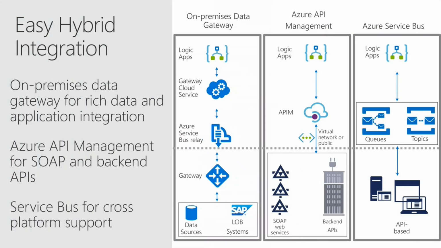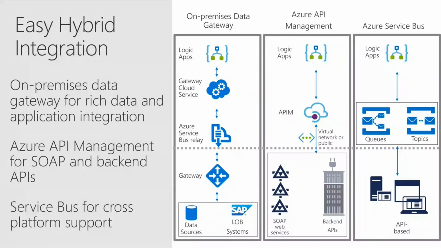So again, hybrid integration: on-prem data gateway, so if you want to do on-premises stuff, and then the whole Azure API Management, and a Service Bus for cloud cross-platform. If you need to access data sources, line of business, or legacy systems that are still on-site or on-prem, you have a gateway, and you do have some worker services there that can do that.